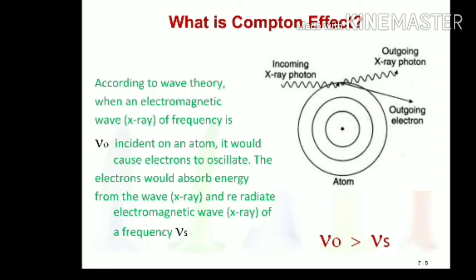That means the incident frequency gets absorbed by the electron, and therefore the scattered X-ray or wave has a decreased frequency, which is shown here: nu0, the incident frequency, is always greater than the scattered frequency nu s.